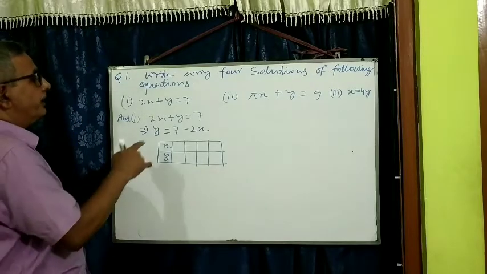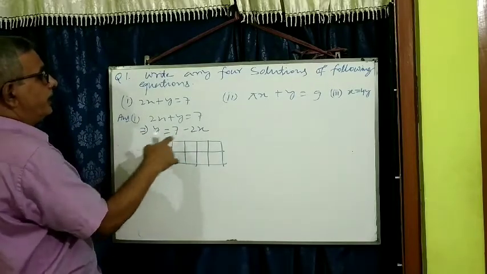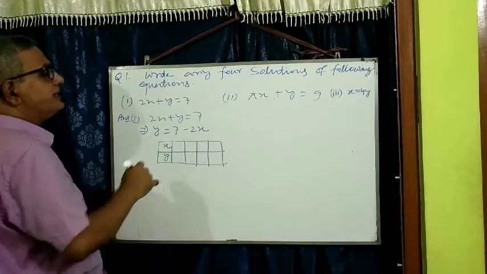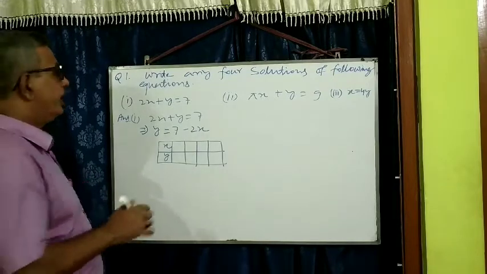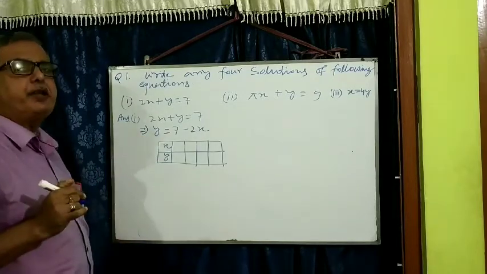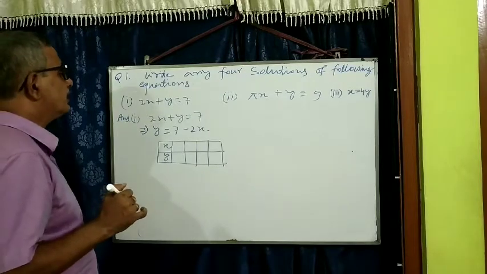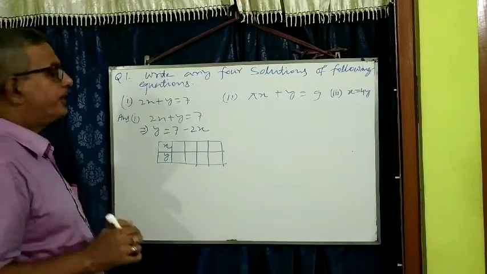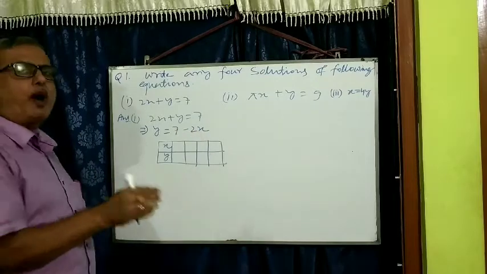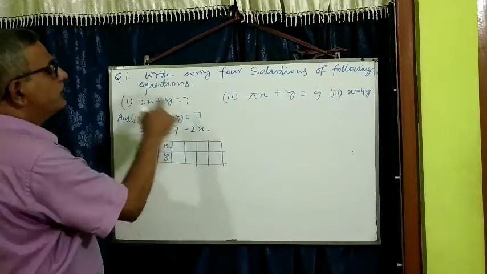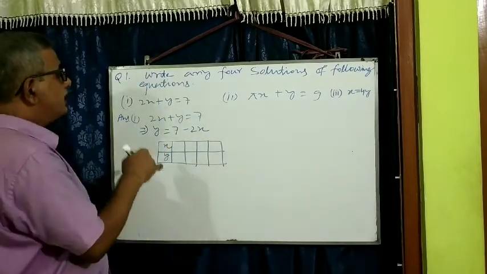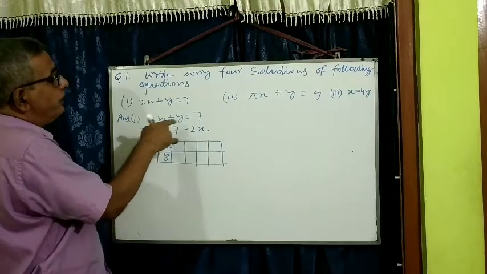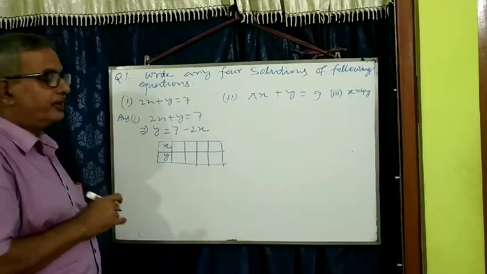You see, in this equation, x is called independent variable, but y is called dependent variable. What is the reason to call so? The value of x, whatever you like, you put the value of x, but the value of y will depend on x.